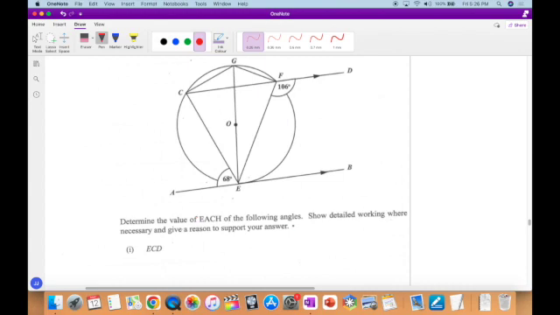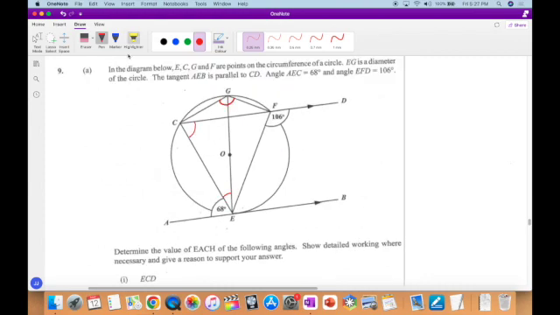Determine the value of each one of the following angles. We want to find this angle ECD, so we want to find this angle here. So apart from circle theorem, we could see that this line is parallel to this line, and this is the transversal. So that means that this angle is alternate with this angle.